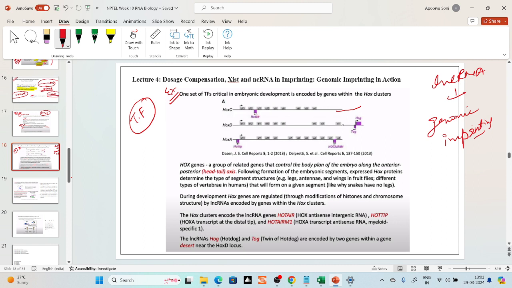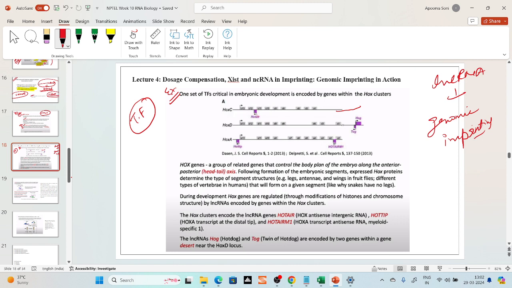That means at a time, either HoxC or HoxD should be expressed. So if HoxC is getting expressed, then the expression of HoxD should be silenced. Now, how is the expression of HoxD silenced? With the help of these long non-coding RNAs, which are HOTAIR.